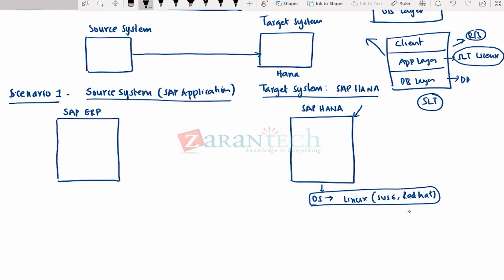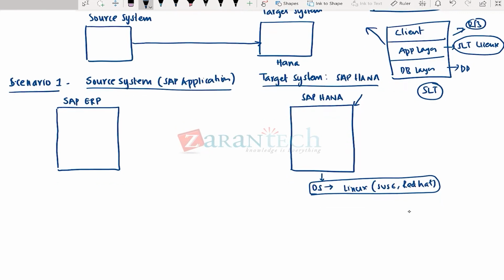When it comes to SAP applications like ERP, BW, CRM, SRM, APO, whatever it is, the requirement is that the SAP system has to be supported by a technology called NetWeaver technology. For people who don't understand what it is, don't worry about it. Just remember that there is a technology called NetWeaver, and the language in which this NetWeaver is written is ABAP programming, Advanced Business Application Programming.